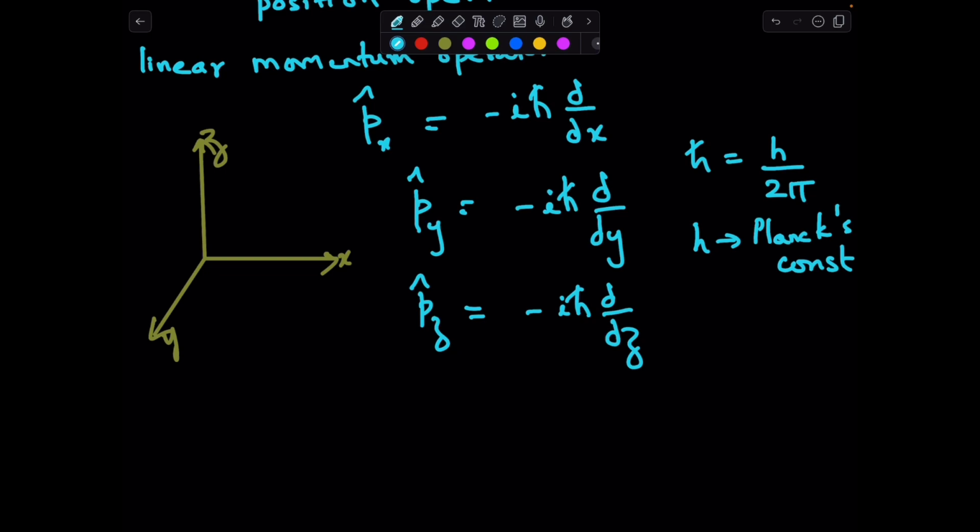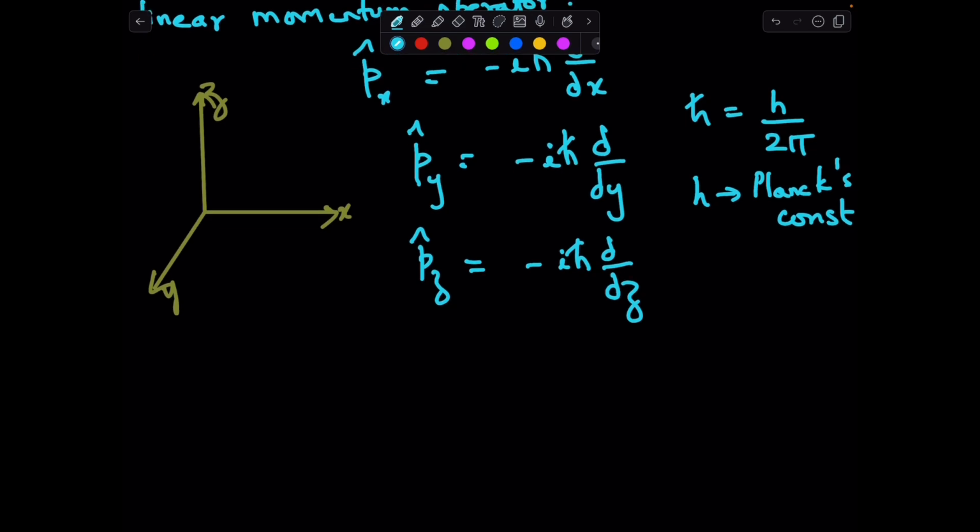So the total linear momentum would be the sum of the linear momentums in the x-axis, y-axis, and z-axis.